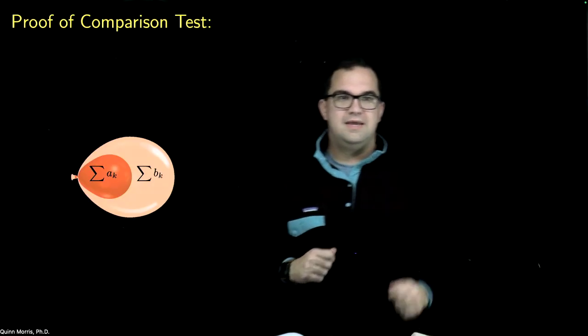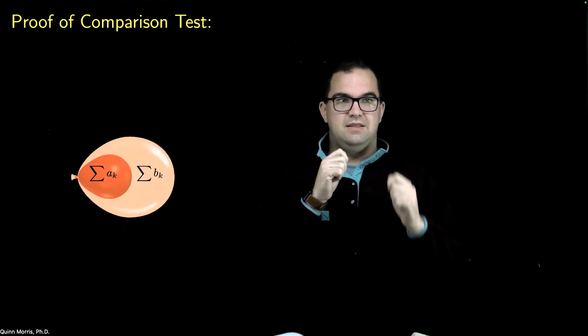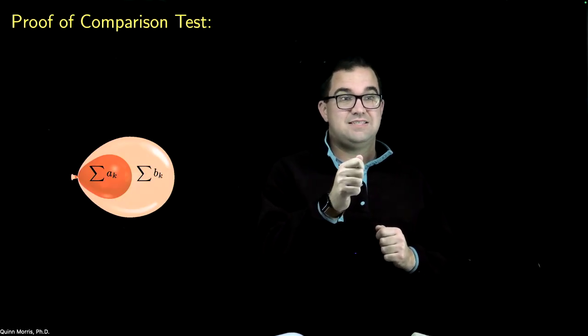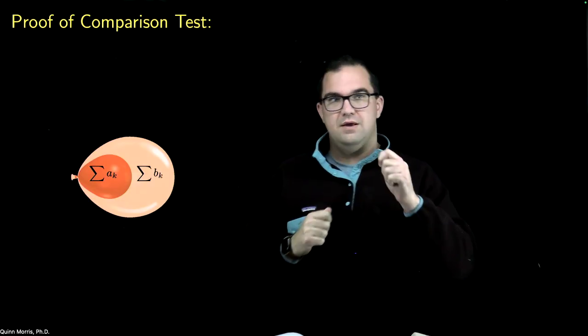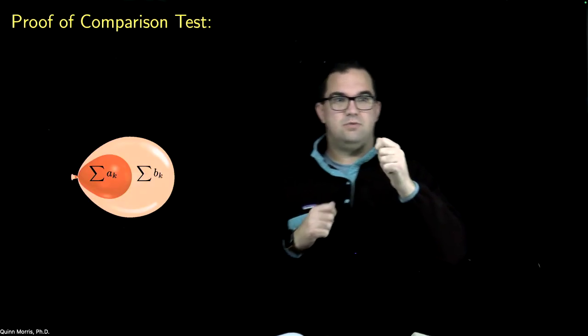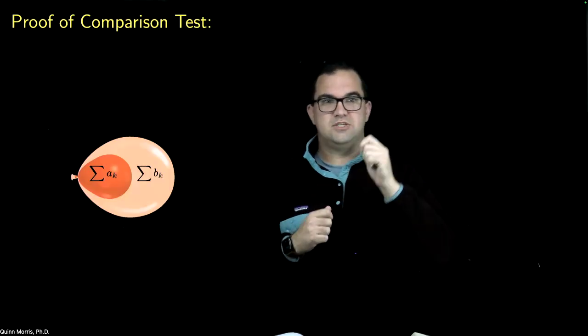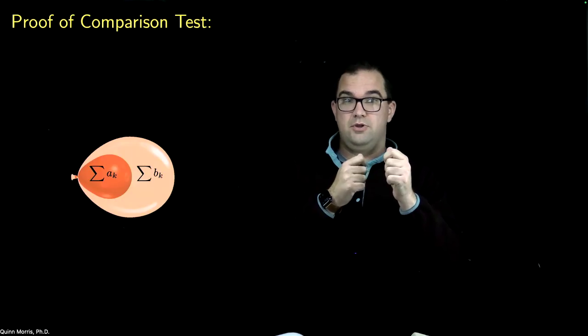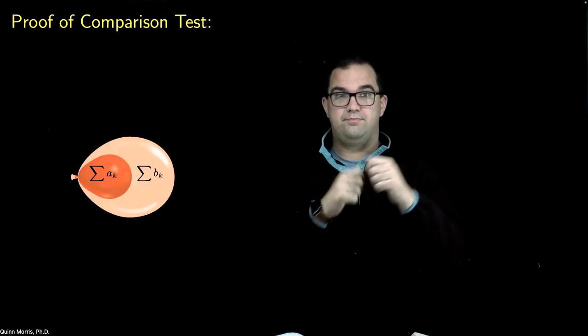What you know is that the puff you're putting into A is always less than or equal in volume to the puff you're putting in for b_k, right? So this light orange balloon is always getting either the same amount of air as the dark orange balloon or a little bit more, okay?